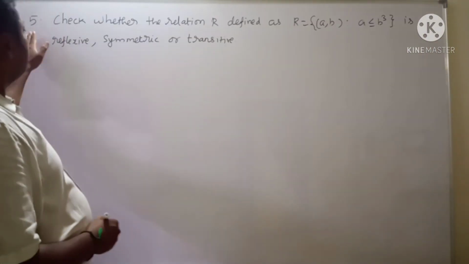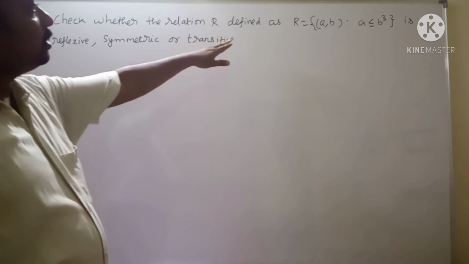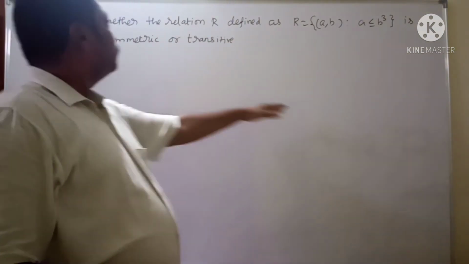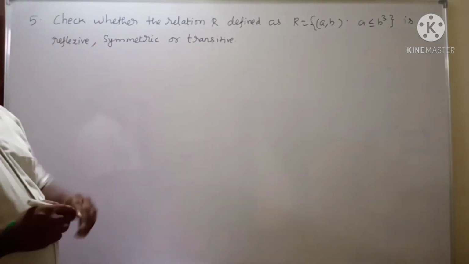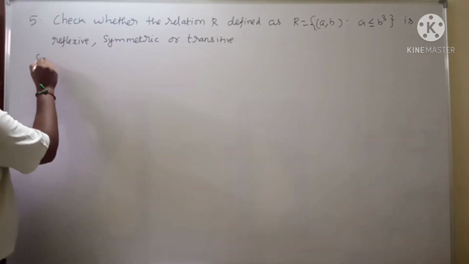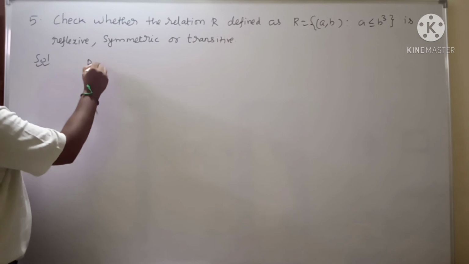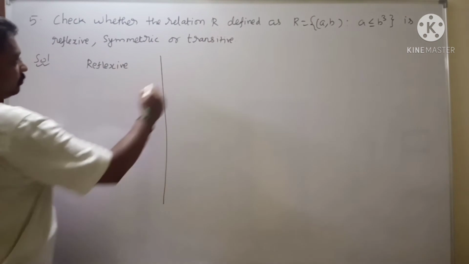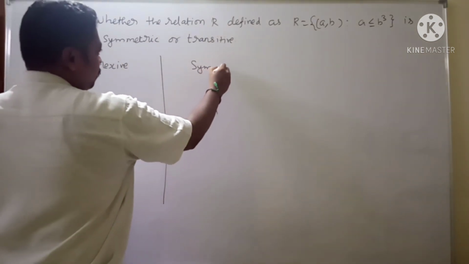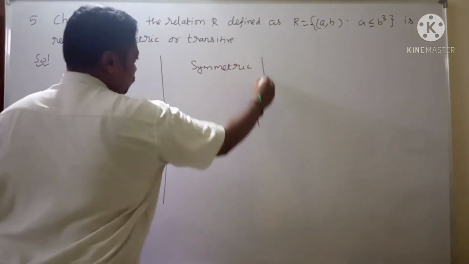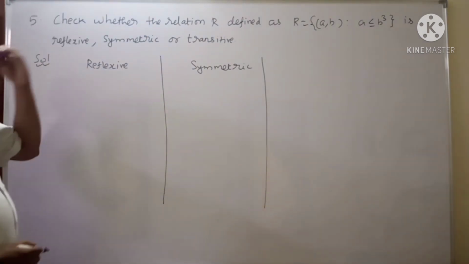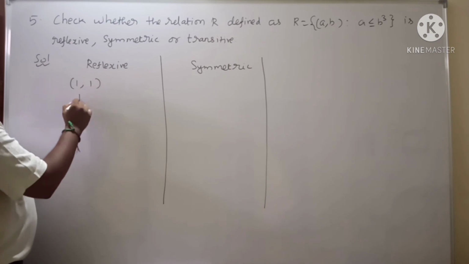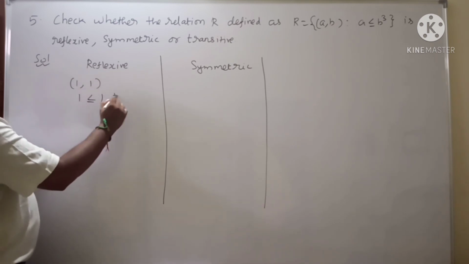Okay. So coming to fifth question, check whether the relation R defined as R = {(a, b) such that a ≤ b³} is reflexive, symmetric or transitive. So let's check for reflexive. We'll take some value. If you take (1, 1), of course it satisfies.